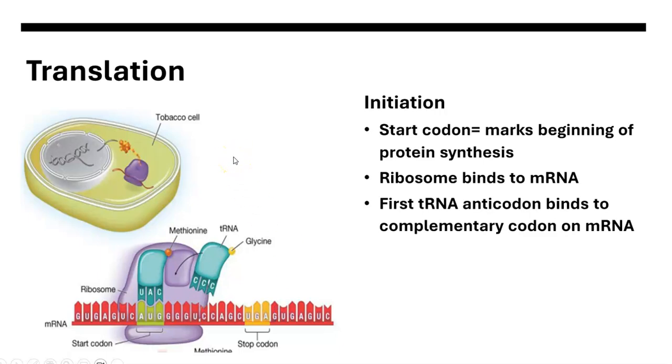So translation, the beginning of it, we say this is the initiation stage where everything comes together. So we have our messenger RNA in red that is going to be sandwiched by our ribosome. So the large subunit sits on top of our messenger RNA molecule, and our small subunit of our ribosome lies underneath our messenger RNA. So we're making a sandwich with our ribosome and messenger RNA.